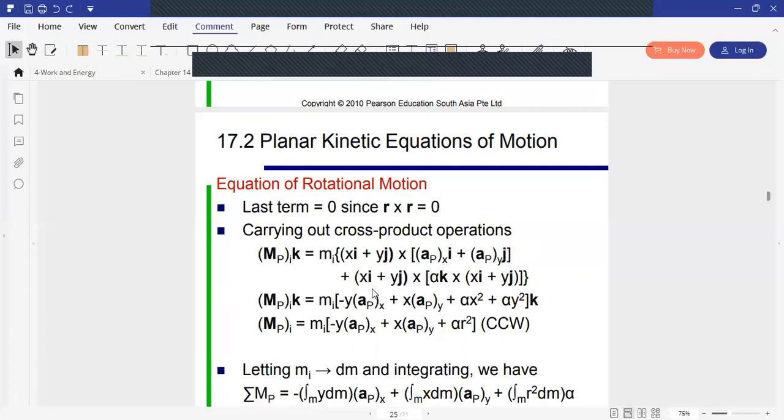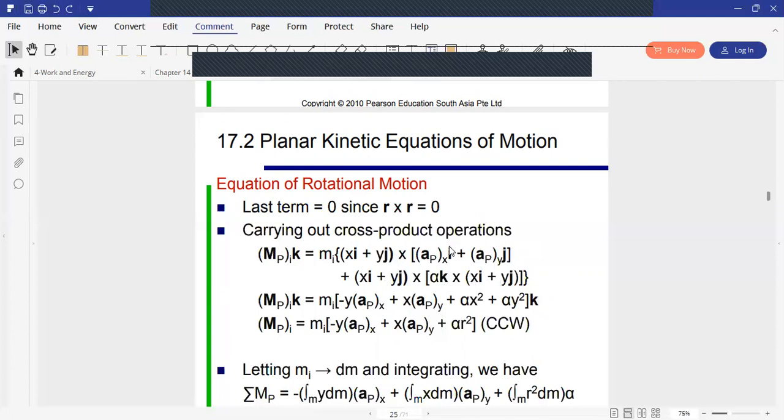Plus, as we said, we have r vectorial alpha vectorial r. Because it's a motion in 2 dimensions, the axis of rotation will be perpendicular to the plane of motion. Since the plane of motion is ij, alpha will be along k. So I have alpha k vectorial r, and I replace r by xi plus yj.